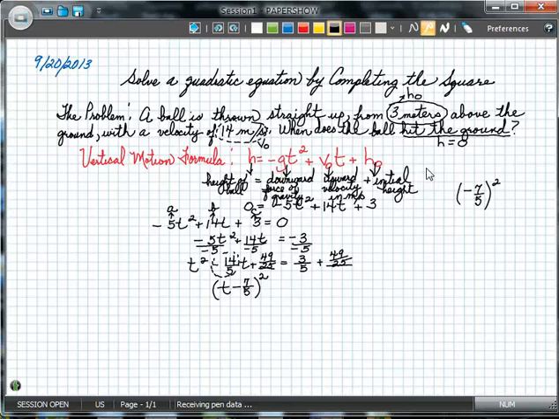Now you are being asked to check this, and you will see that if you square t minus 7/5, you're going to get t squared minus 14/5 t plus 49/25.